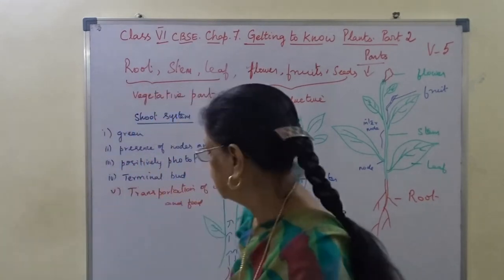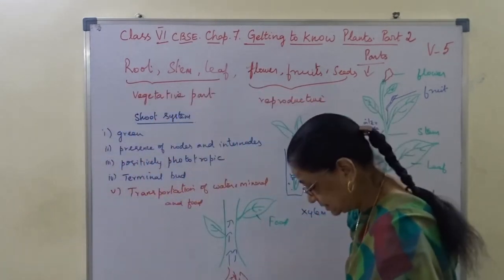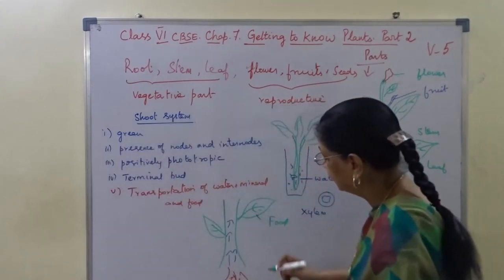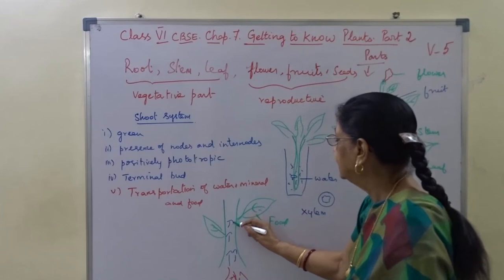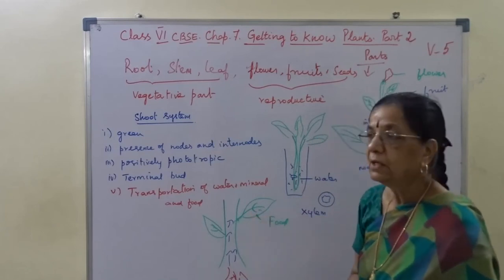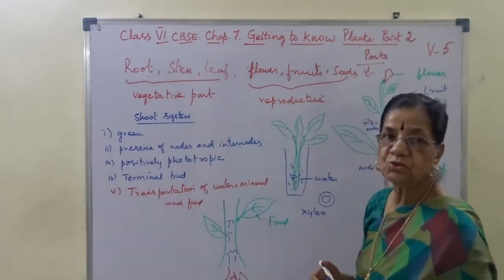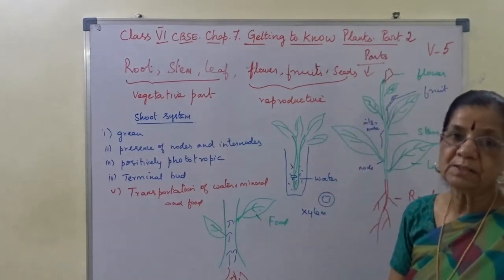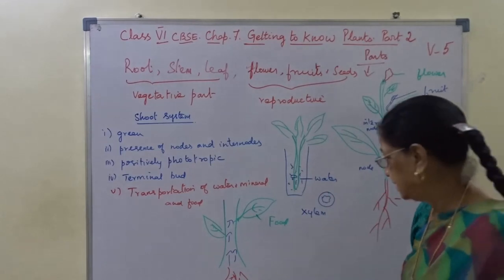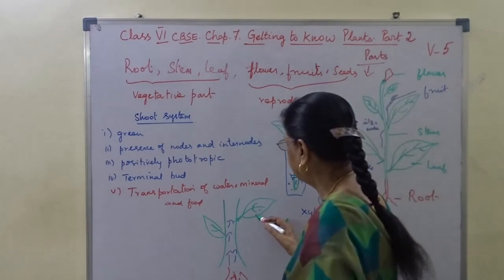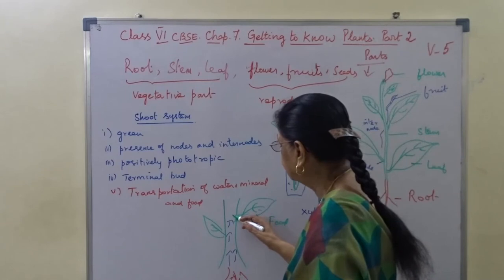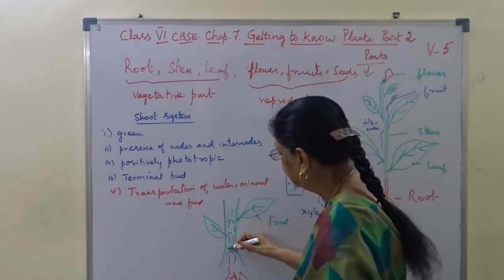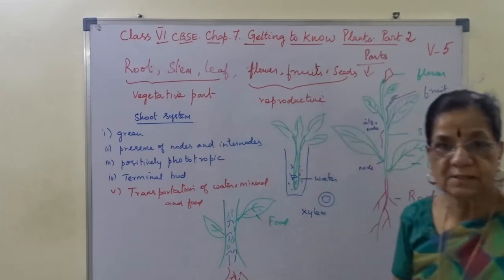Okay. Now I say from the root system, water is moving in and sent to the leaf for the process of photosynthesis, because water is needed to prepare the food. At the same time, after food is prepared, the prepared food is taken to different parts of the plant wherever it is required.